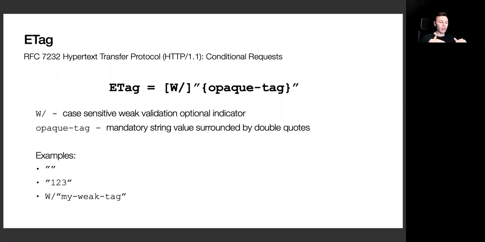And it is extremely crucial that the value is unique between different representations of the same resource. So if you have the same endpoint, but you return JSON or XML, the entity tag in the strong version should be different. There's an exception from that rule. You might have different content types in terms of the name of the content type.